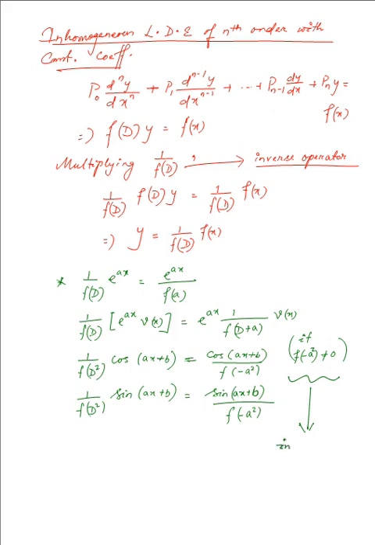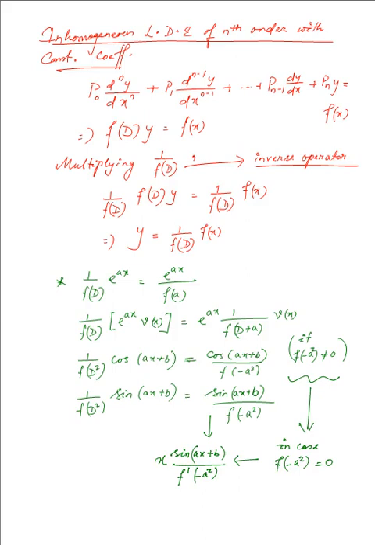In case f of minus a squared is equal to 0, then what we must take into account is the first derivative, that is the solution is of the form, instead of just sine (ax plus b) divided by f of minus a squared, we will be getting x times sine (ax plus b) divided by the first derivative form of this, that is f dash or f primed of minus a squared.